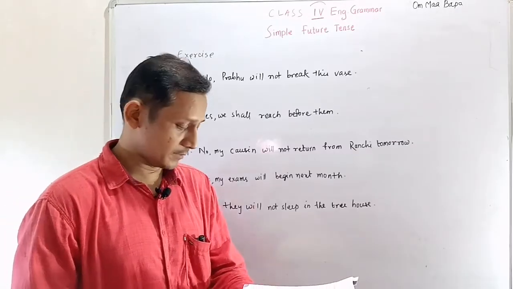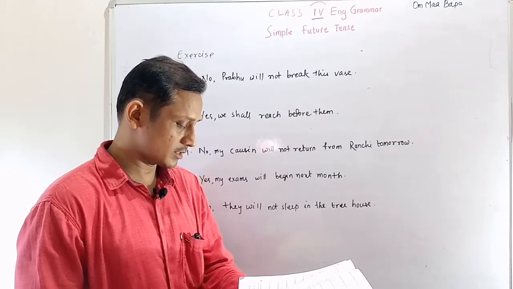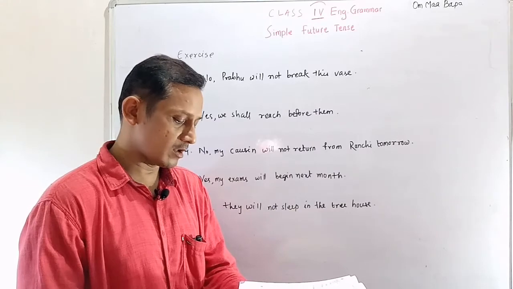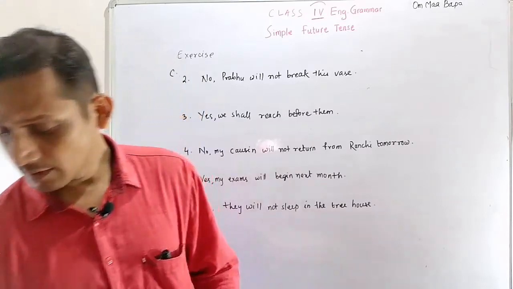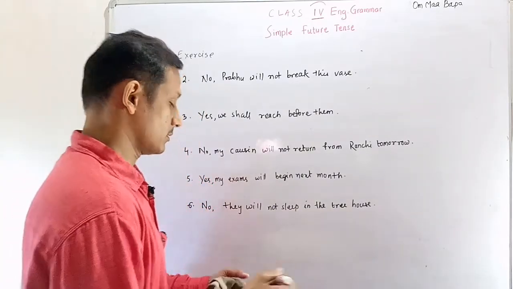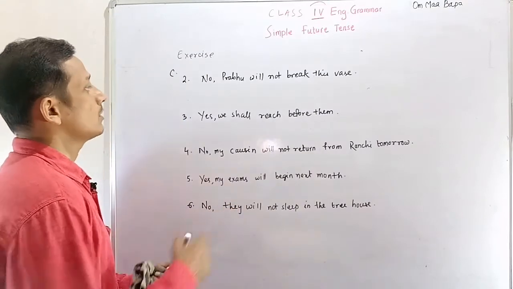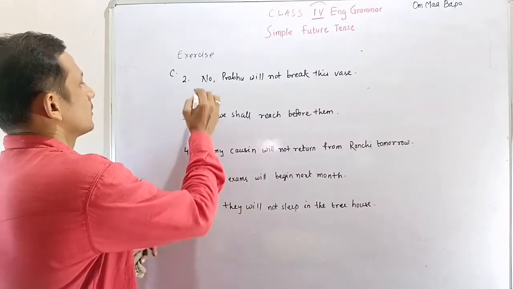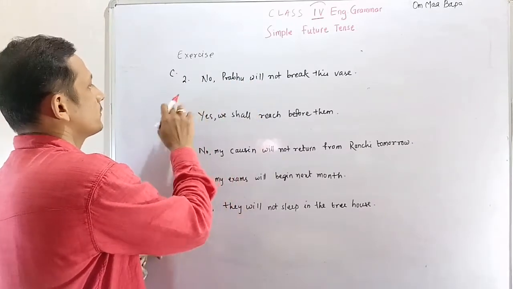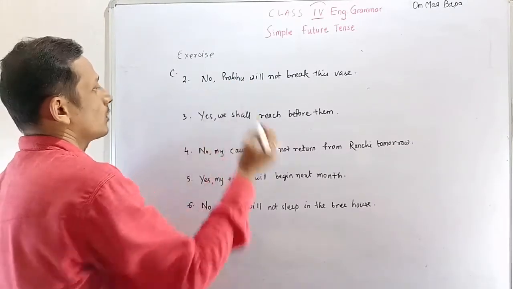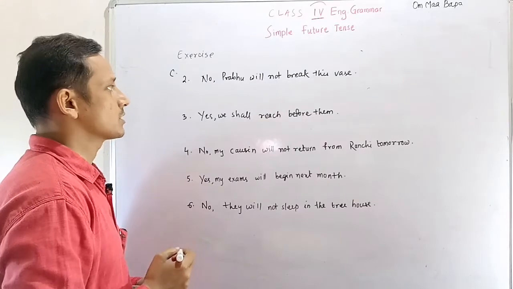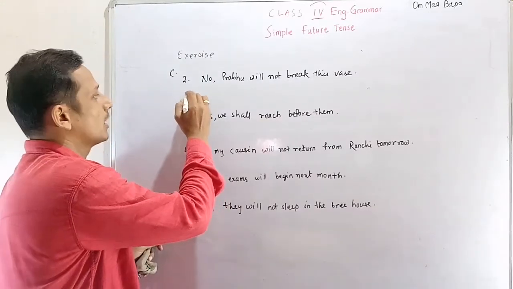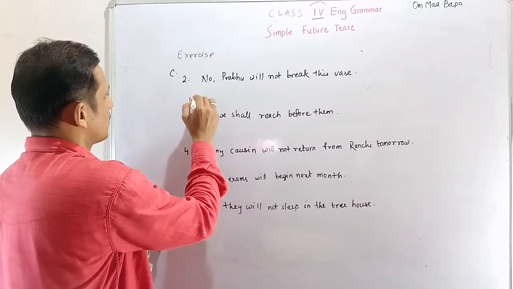Now see, convert these sentences into yes-no questions beginning with shall or will. Children, number 2: No, Prabhu will not break this vase. As I told you before, when we are making a yes-no question, will or shall is used at the beginning of the sentence.